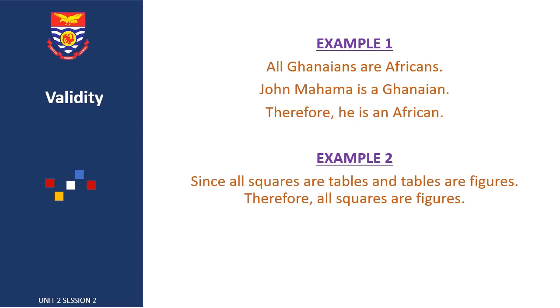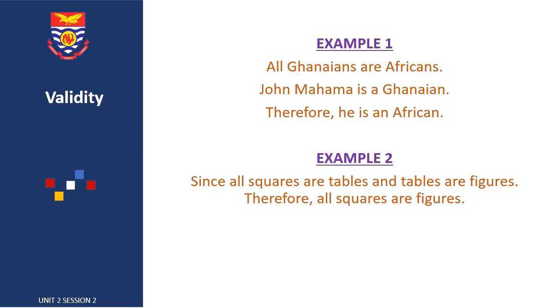If the conclusion necessarily follows from the premises, then the argument is considered to be a valid argument. So we can draw the conclusion that all squares are figures since it has already been established that squares are tables and tables are figures. Then squares are figures. So that is validity for you.